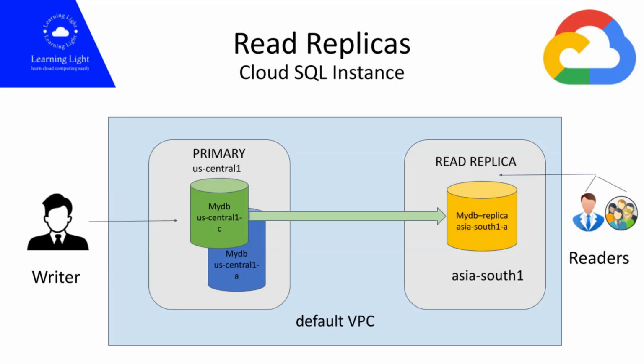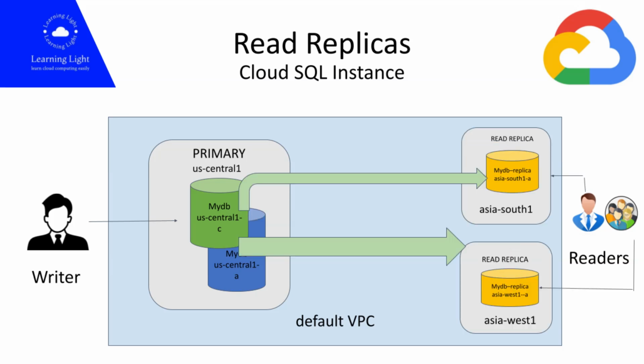You can create a read replica in the Asia zone so that the application in Asia can directly read from the database, which is actually a read replica of the US Central database. What will help here is that your read is served from the other instance, and the CPU, memory, and other server resources on US Central are not utilized, so your workload is balanced and your primary database is not bombarded.